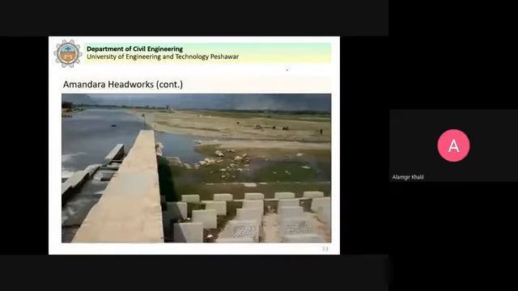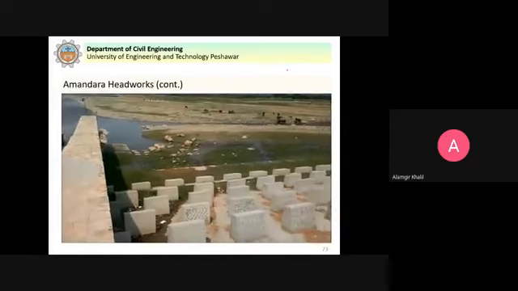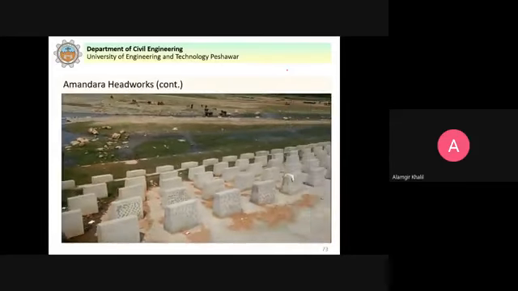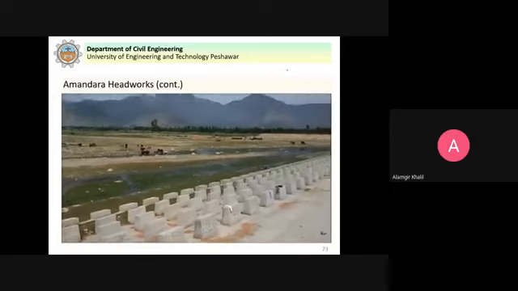These are the baffle blocks to dissipate the flowing water energy.